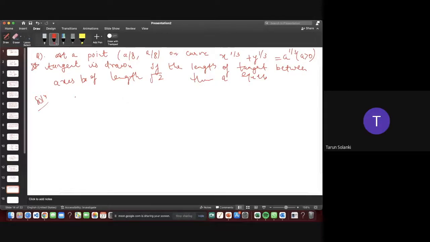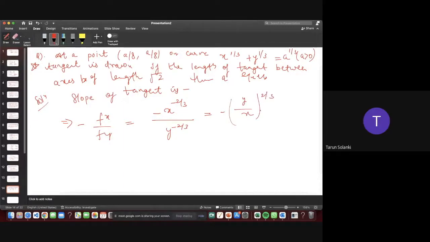So first we will write the slope of the tangent, which is minus f of x y, which becomes minus x to the power minus 2 by 3 divided by y to the power minus 2 by 3. So that is equal to minus y to the power 2 by 3 by x to the power 2 by 3, which is equal to minus 1 at (a by 8, a by 8).